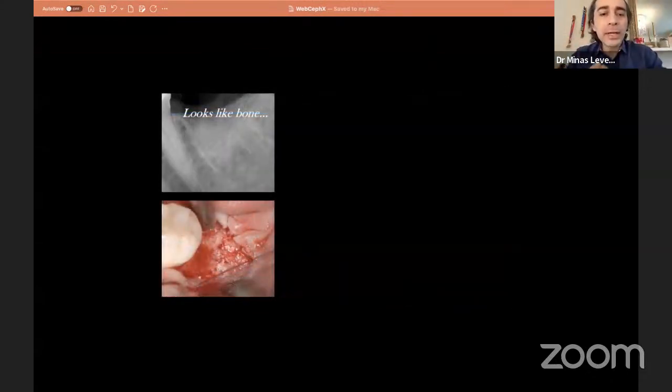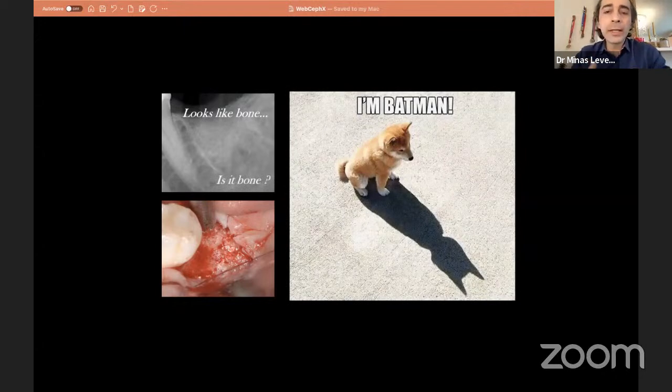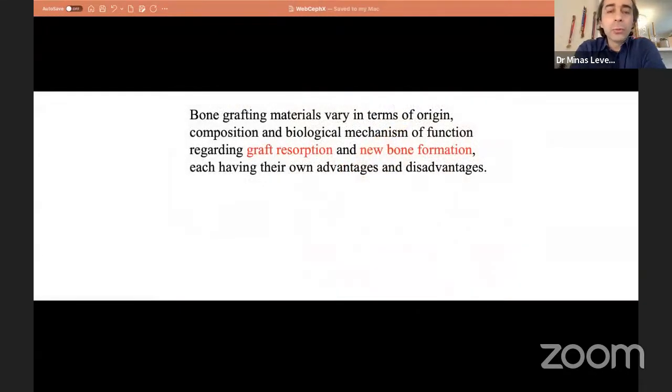But we have to focus on what tissue we are reconstructing. And for us, like scientists, it's not enough just to use any material, let's say, any distributor sells to us, but we have to be aware and we have to understand that each material is working in a totally different way.